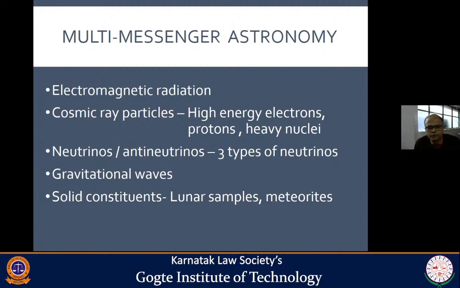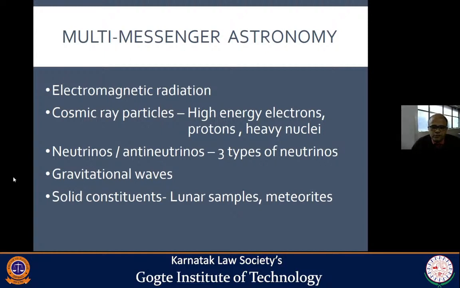Gravitational waves are nothing but ripples in space-time. We have a detector which detects these ripples, and using it one can investigate collisions. That's how gravitational waves were first detected, during a collision of two black holes. So that's how one can look at the universe.